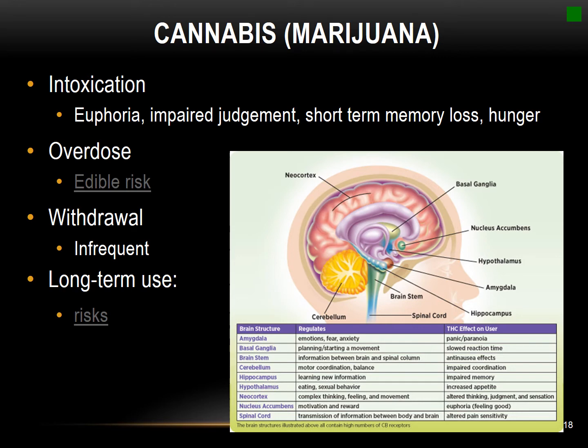Overdose? Well, there's actually no documented incidence of overdose, but there's incidence of over-ingestion with edibles, especially if the person has never used pot before, and a few incidents of bizarre behavior following ingestion, which included homicide and suicide. So, is it the pot, or did the person have an underlying disorder?